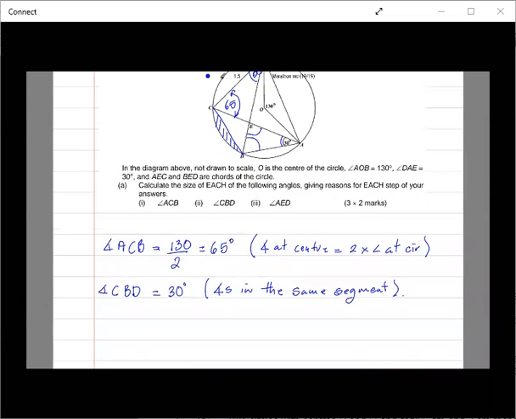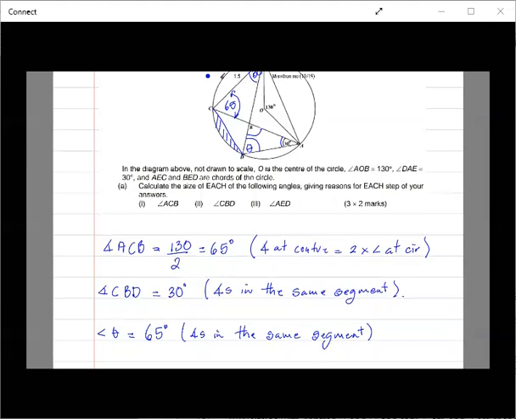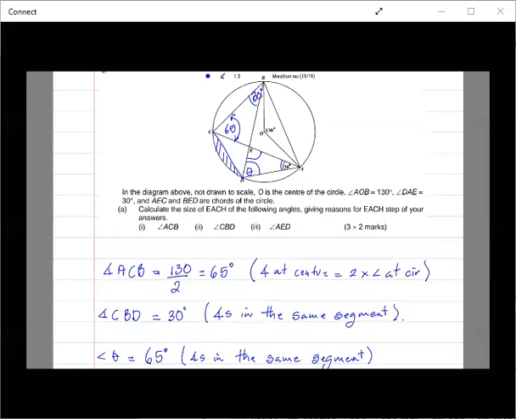So I could say to the examiner that angle, let's call it theta, is equal to 65 degrees. They are angles in the same segment. So this angle here is 65 degrees.